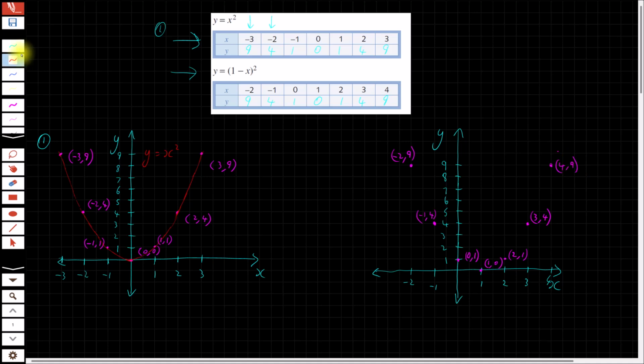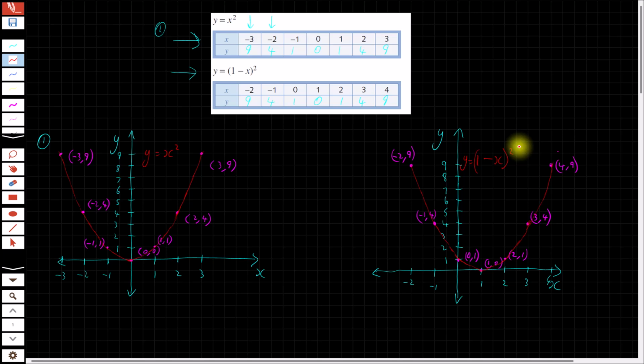Now we can sketch a line through those points. And there we have it. y equals 1 take x all squared.